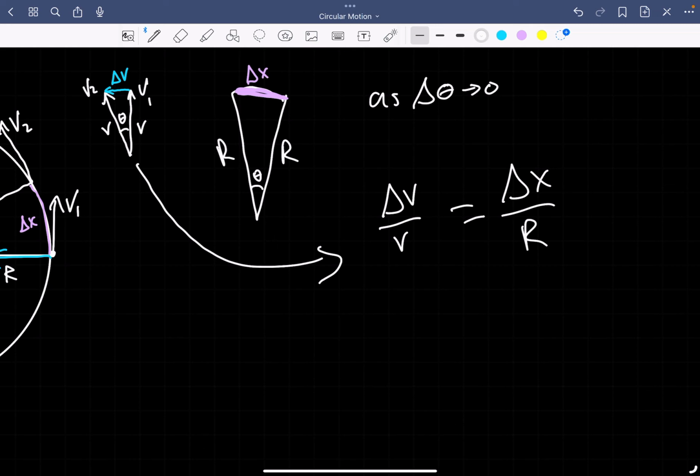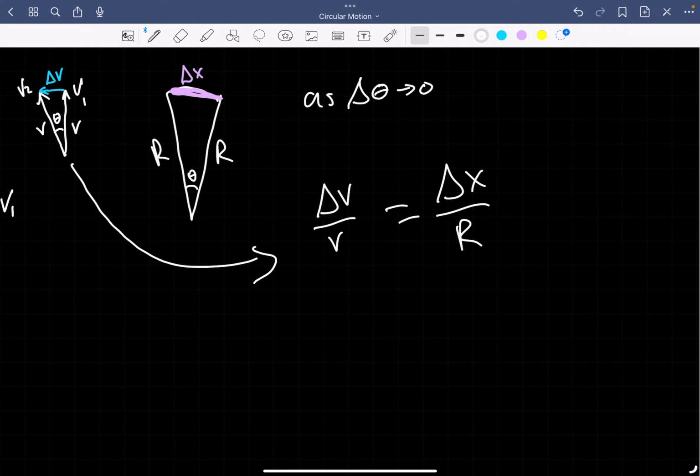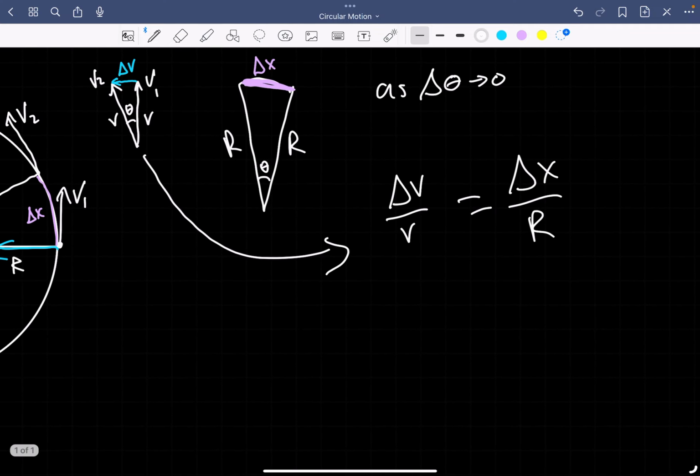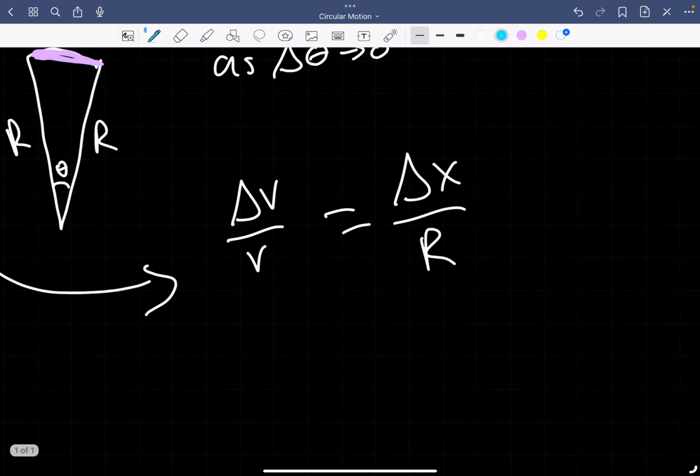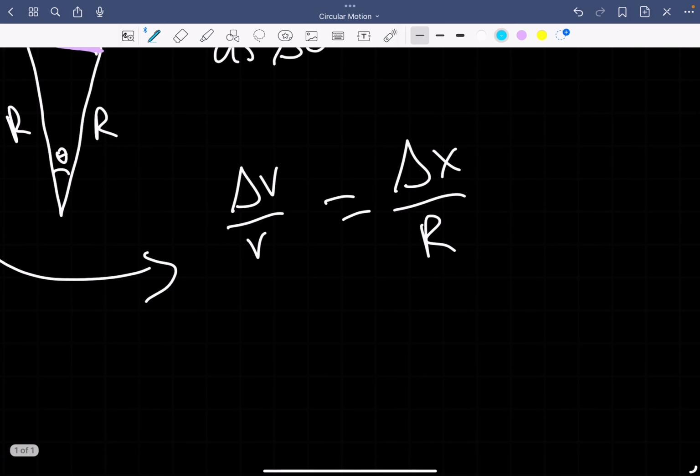Here Δx is the displacement, and Δv is the change in velocity. Now one more thing we'll do is divide both sides of this expression by the change in time.